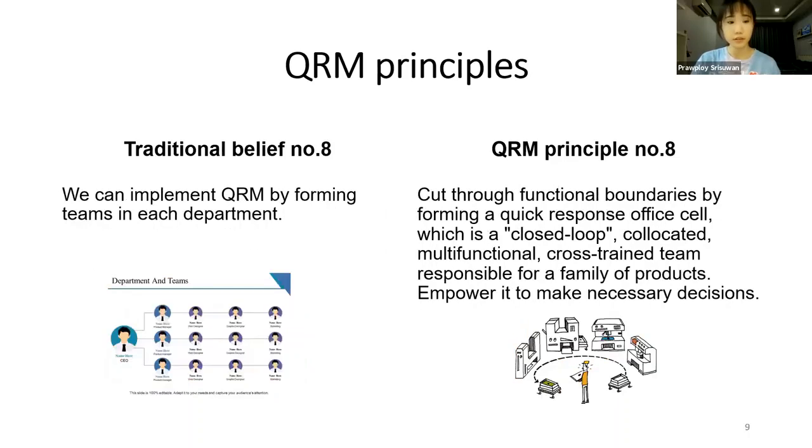Turning to the next one, which is forming the team. Forming a team in each department, where all members of the team are from one department, will be good for some departments such as the Department of Quality or Process Improvement.